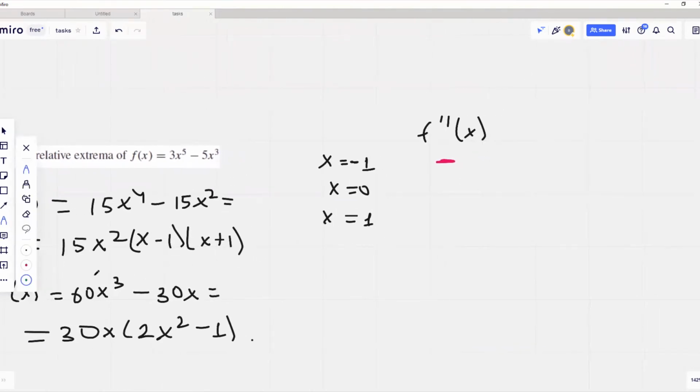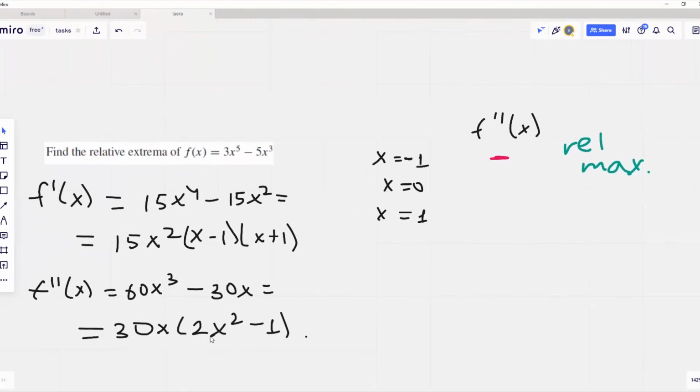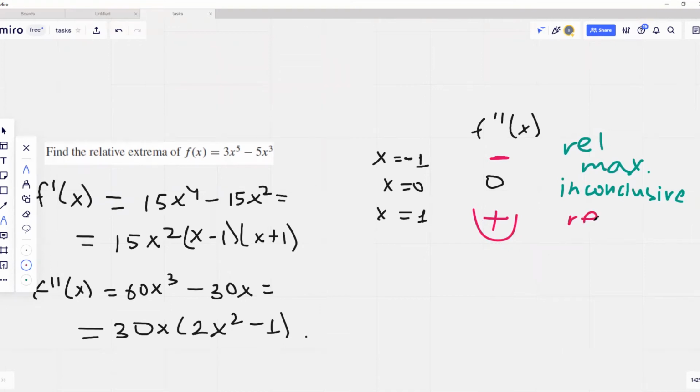So according to the second derivative test, in this case, we have a relative maximum point. When x is equal to 0, our second derivative is equal to 0, so our test here is inconclusive. And if we substitute x equal to 1, this is positive, this is positive. So the sign here is positive, meaning that our function is concave up at point x equal to 1. So we have a relative minimum at point x equal to 1.